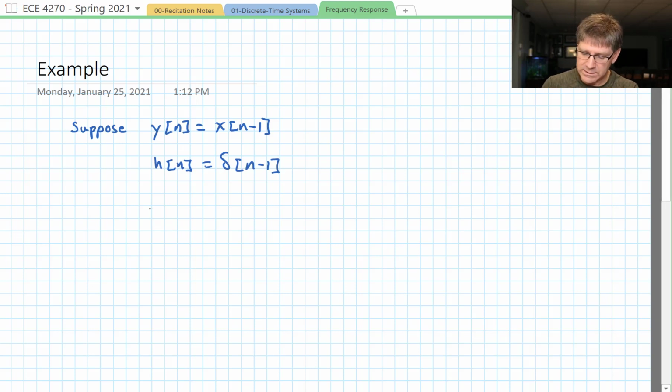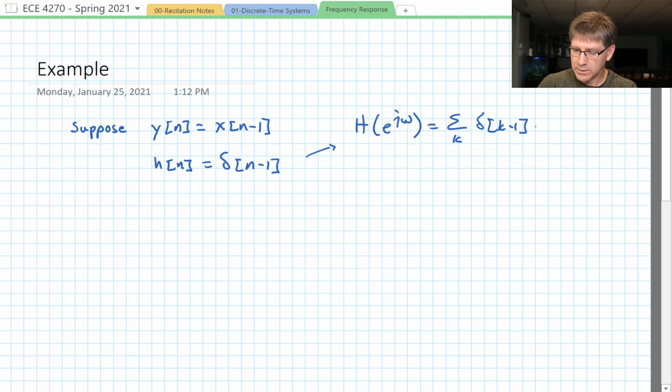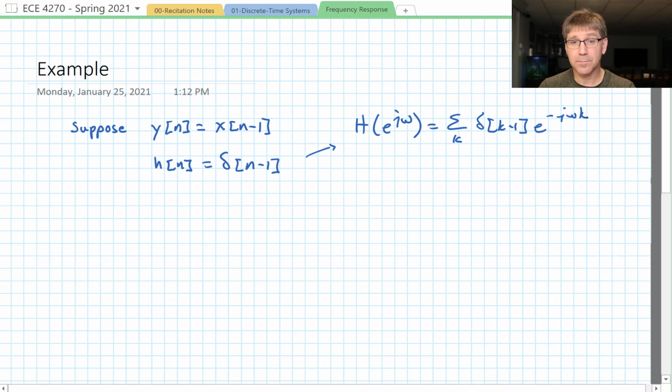So what is H(e^{j omega}), the frequency response? It's the sum over all k of delta of k minus 1 times e raised to negative j omega k. Well, the term that we're summing is 0 everywhere except when k is equal to 1. So this is just e to the negative j omega.